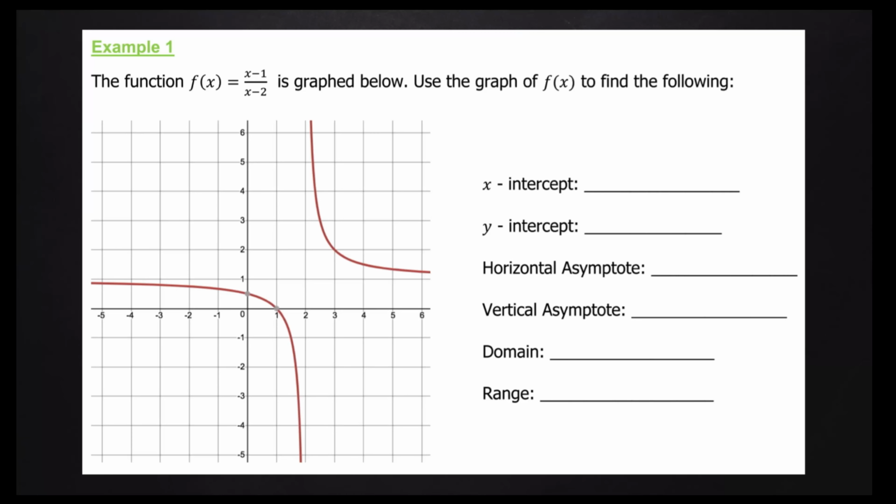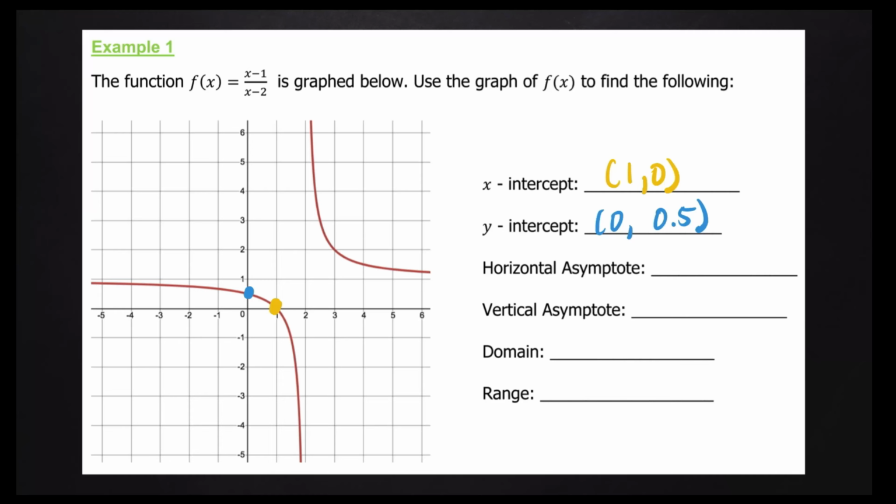Now, for this first example, we've already given you the picture of what this function will look like, so let's identify the key characteristics. For the x-intercept, our graph touches right at (1, 0). You can also identify the y-intercept, which is at (0, 0.5), or you can write 1/2.